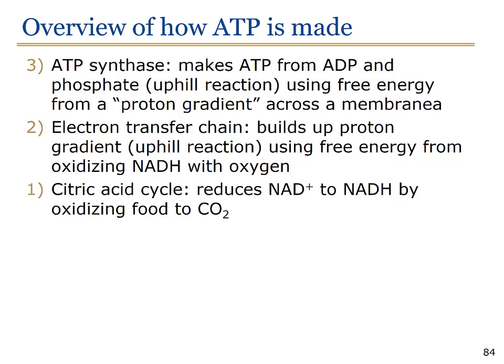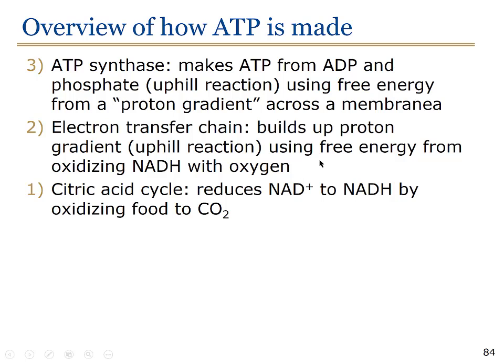So how do we get that proton gradient? It takes free energy to make it. We get that through the electron transfer chain. That builds up that proton gradient, and it does so by using the free energy from oxidizing NADH with oxygen. So that's where the NADH is necessary and the oxygen is necessary.